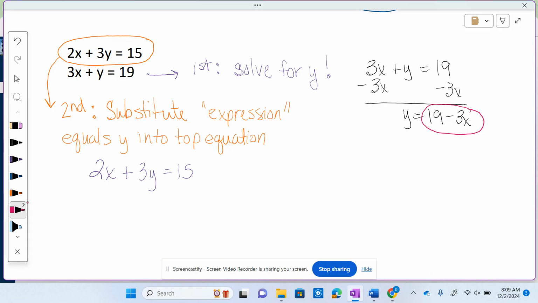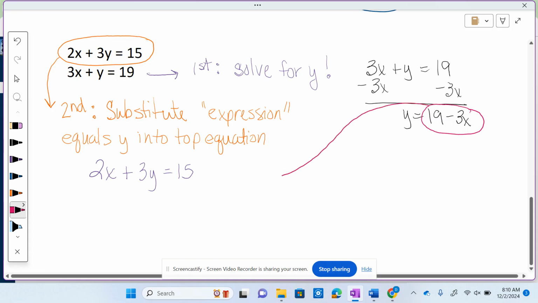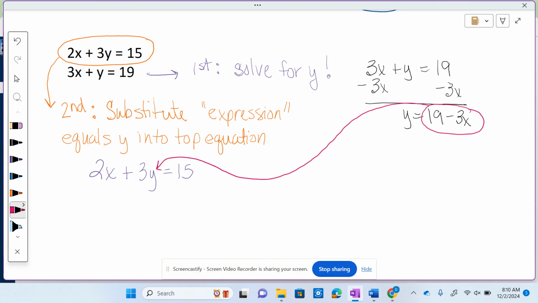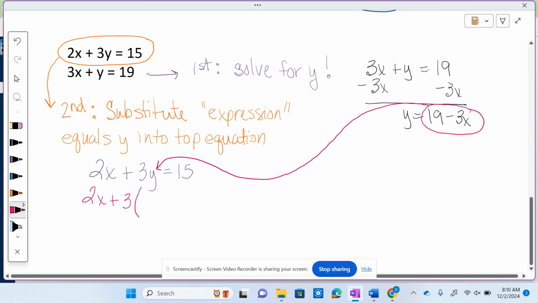So I'm going to take that 19 minus 3x and I'm going to plop it right there where the y is. Okay? So let's see, what's that going to give me? Parentheses. Perfect. Very nice.